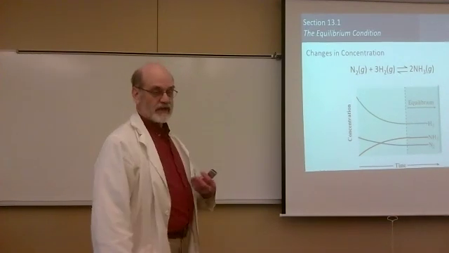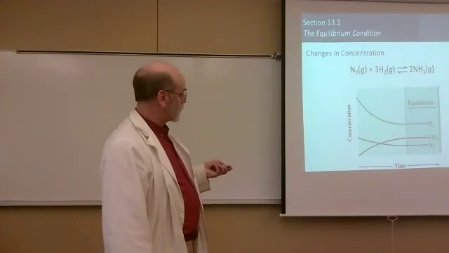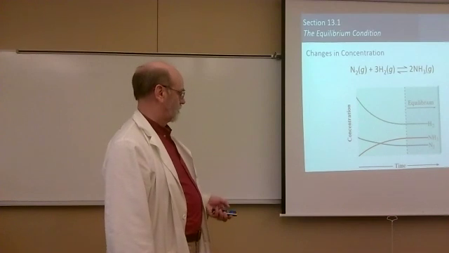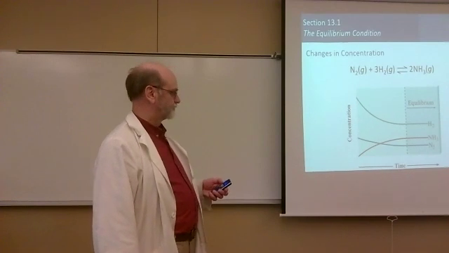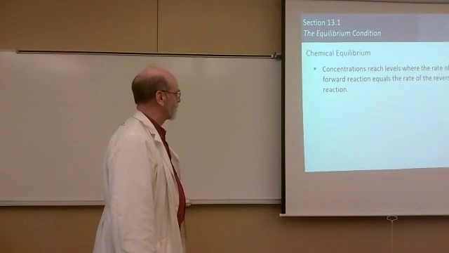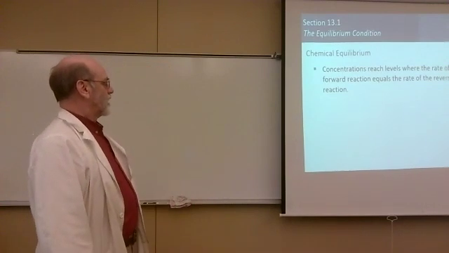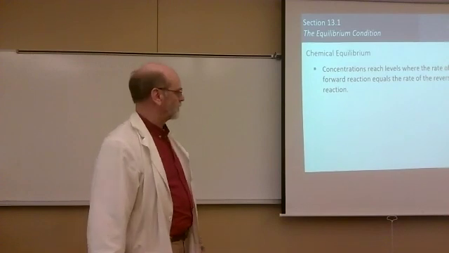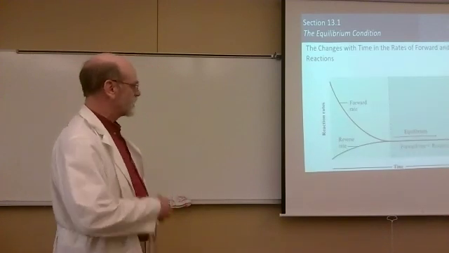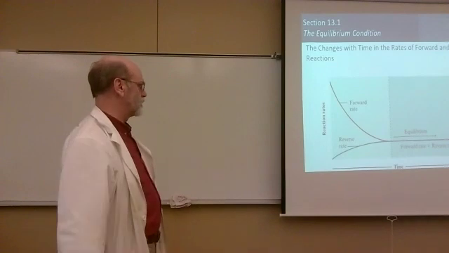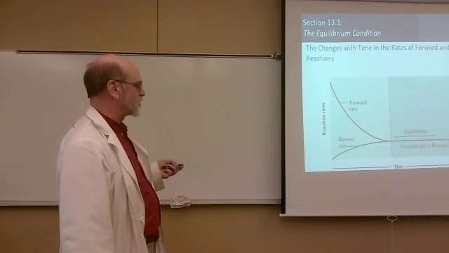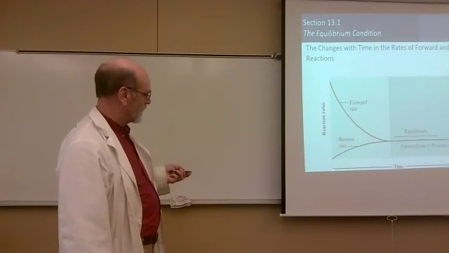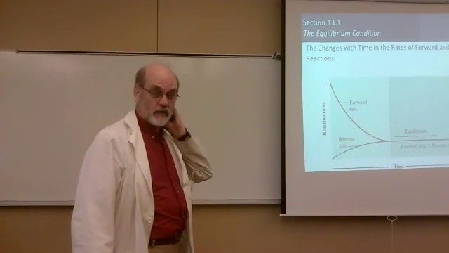Now, when we did our calculations in the last chapter, we were interested in the rate up here. That we just said, the definition of chemical equilibrium. This is another way to represent them. The forward rate is extremely fast in the beginning, and the reverse rate at the very beginning is 0.